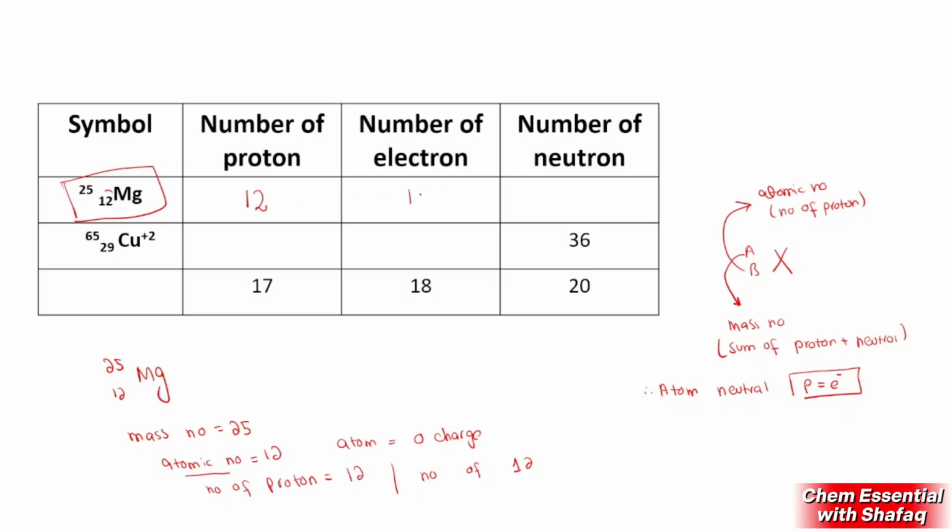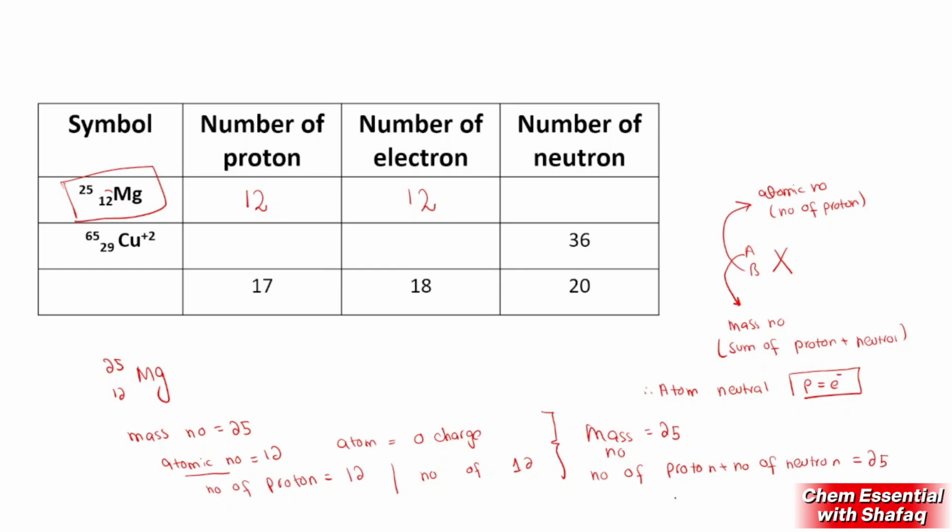Okay, now calculate the number of neutrons. We have the mass number given, that is 25. Mass number is the sum of number of protons plus number of neutrons, that is equal to 25.